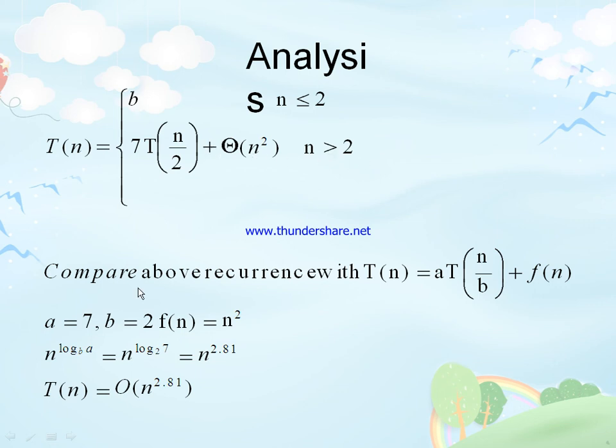Comparing to the recurrence relation, a equal to 7, b equal to 2, f of n equal to n square. So n power log base 2 of 7 is n power 2.81, which is less than n cube. So here we can minimize the time complexity.